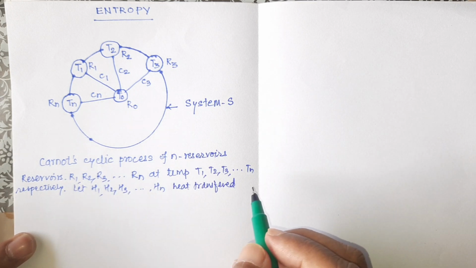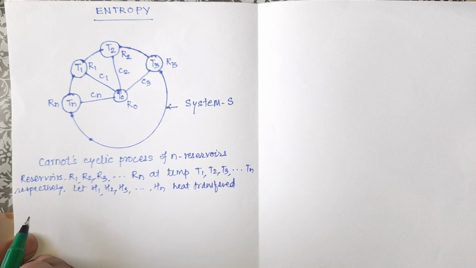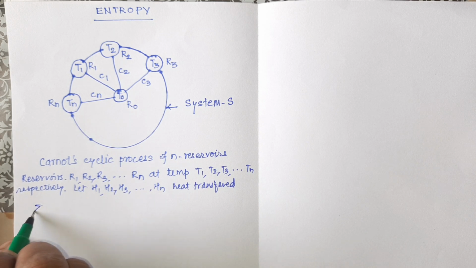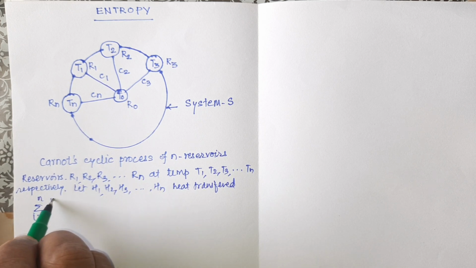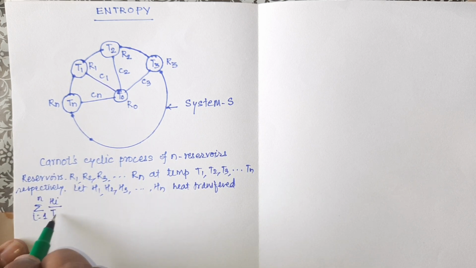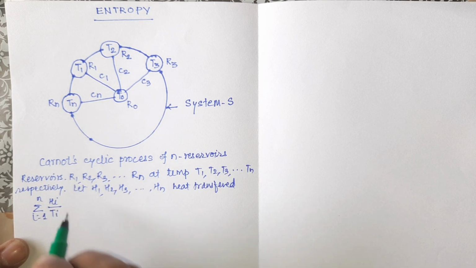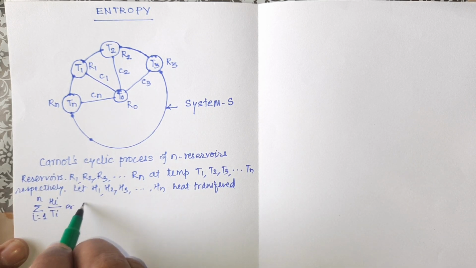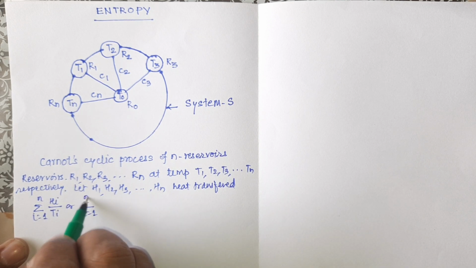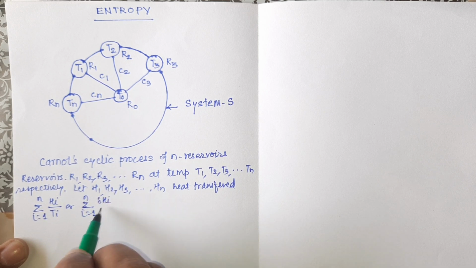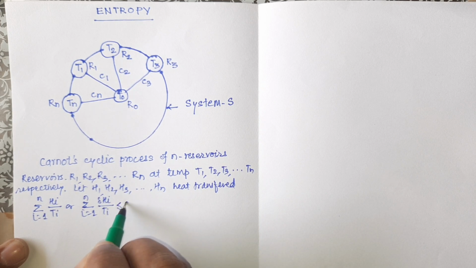Then Clausius theorem is the relation between the temperature of the reservoir and the heat exchange, and it states that summation of i going from 1 to n of Hi upon Ti, or we can write summation of i going from 1 to n of delta Hi upon Ti, is less than or equal to 0.